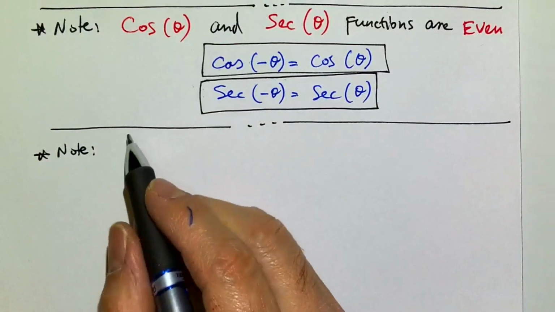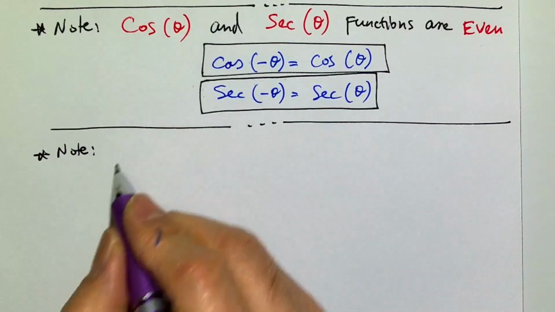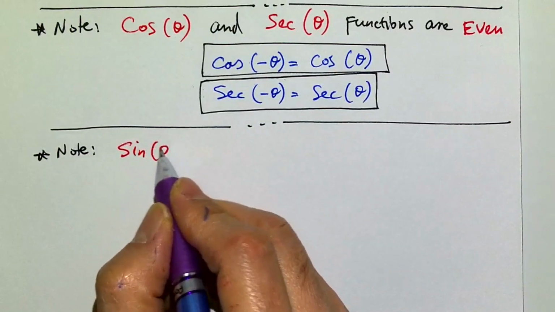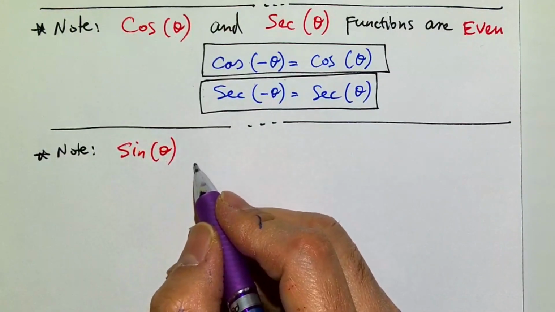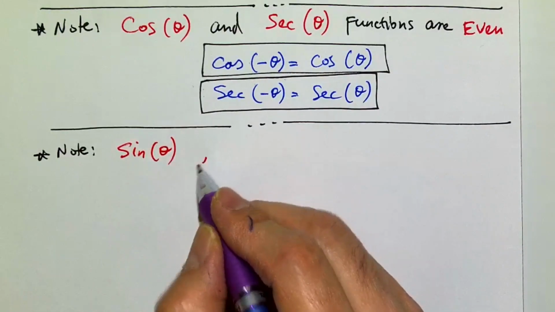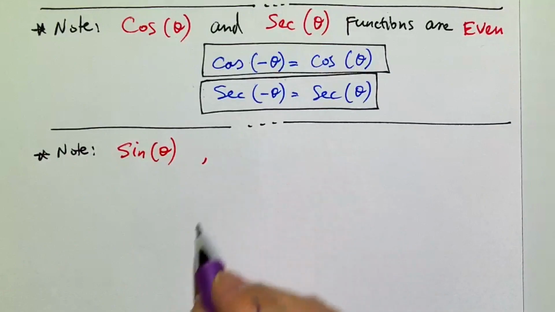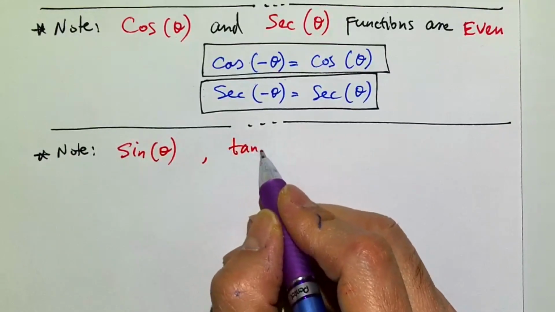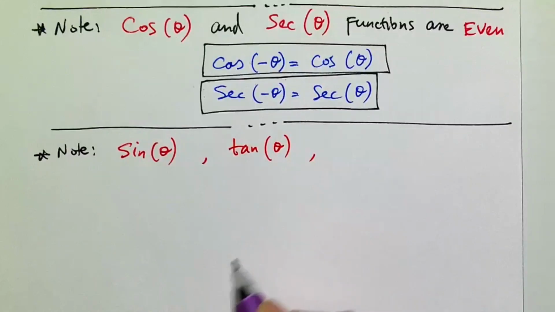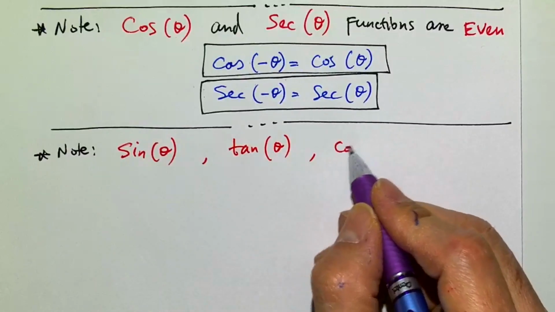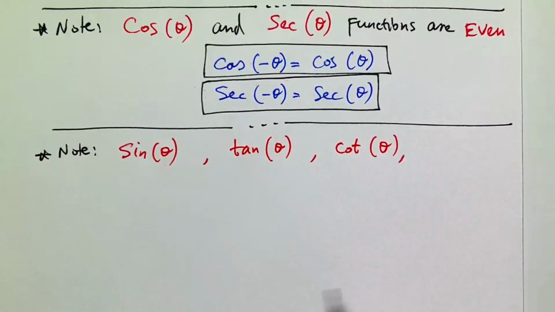So note that sine of theta, then what is tangent of theta? What else? We have cotangent of theta. And lastly, cosecant of theta, right?